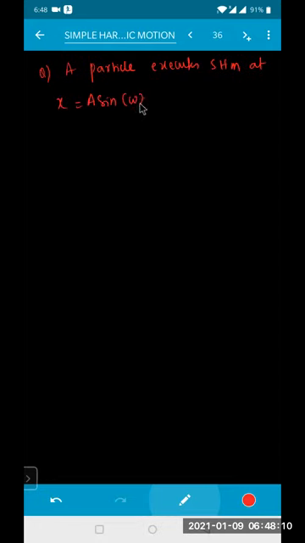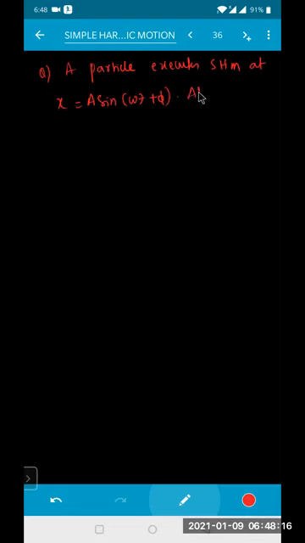Next question. A particle executes SHM at x is equal to A sine omega t plus phi.